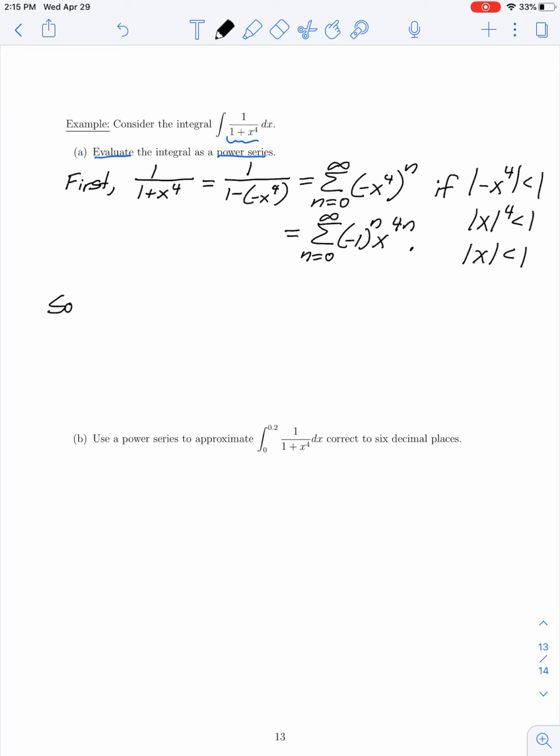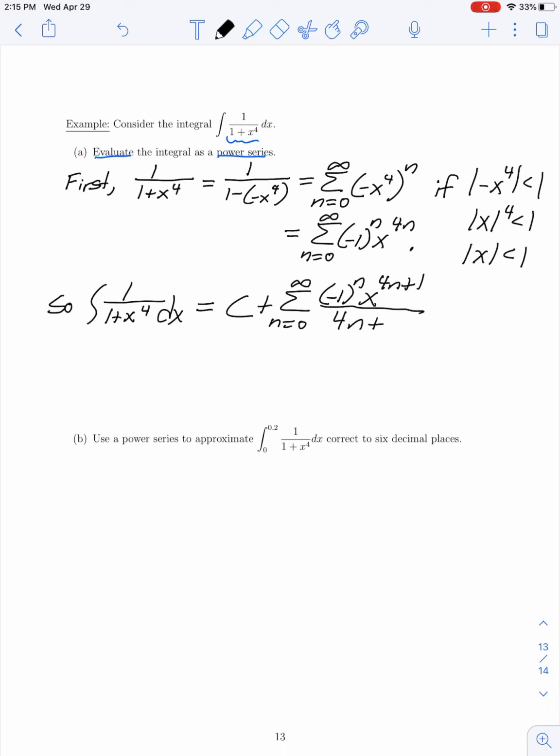So in order to evaluate this antiderivative, that is the integral of 1 over 1 plus x to the fourth dx, we are integrating the power series we just found. So we will have some constant, c, plus the sum from n equals 0 to infinity of negative 1 to the n, and then the antiderivative of x to the 4n is x to the 4n plus 1 divided by 4n plus 1.